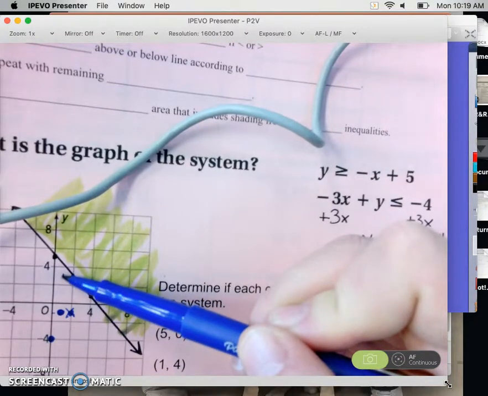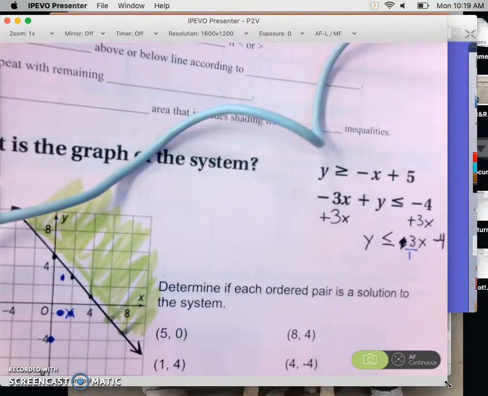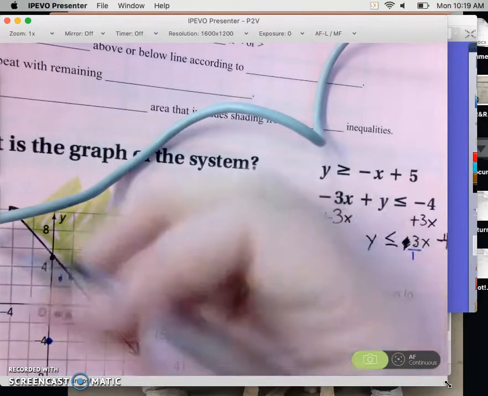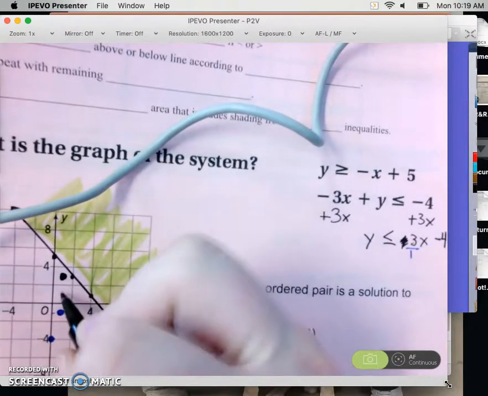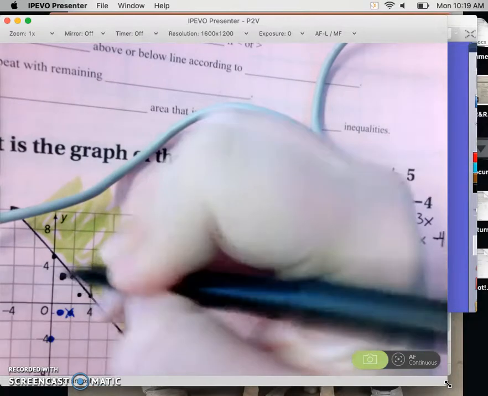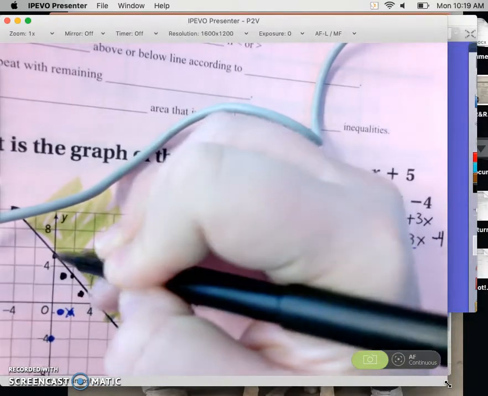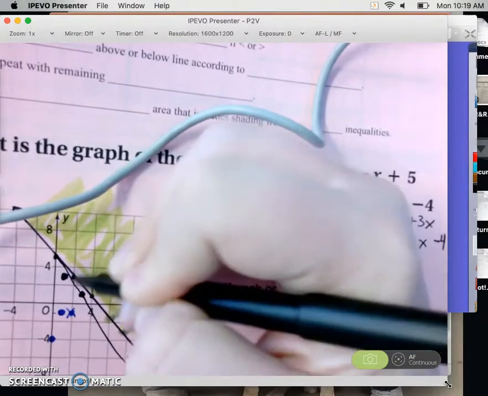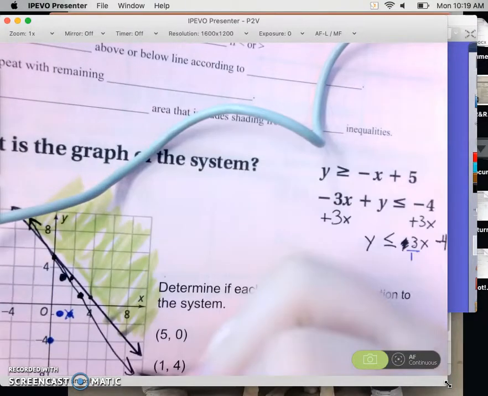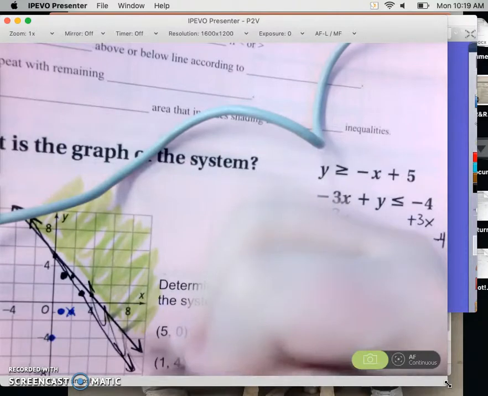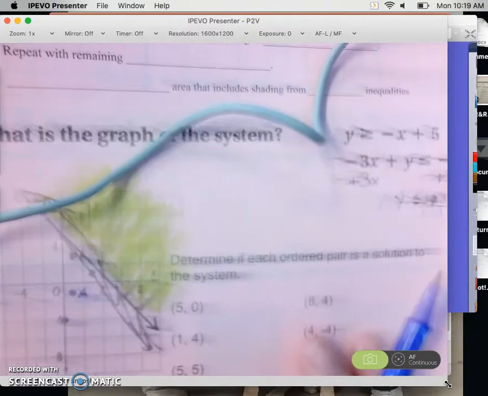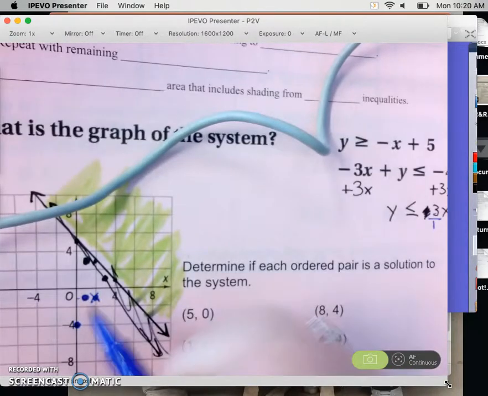Should have been here then. Oh, I made a mistake. Down 1 over 1. So my graph would look a little more like this, and then that would be shaded. Sorry about that, folks.